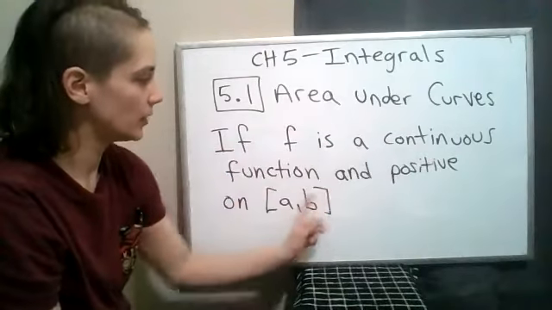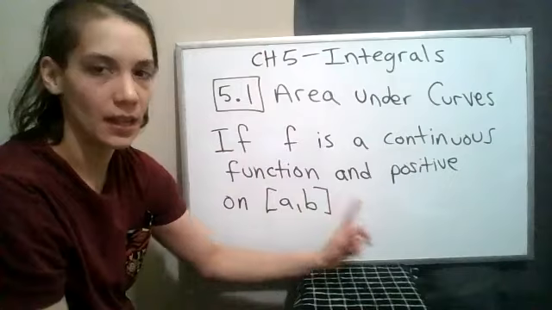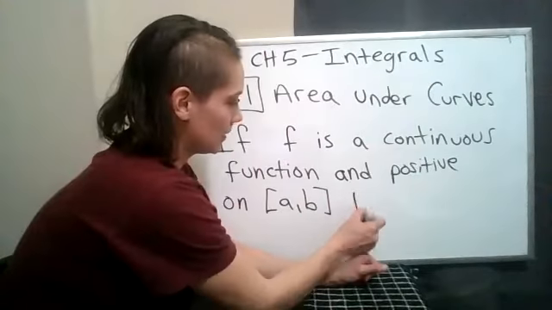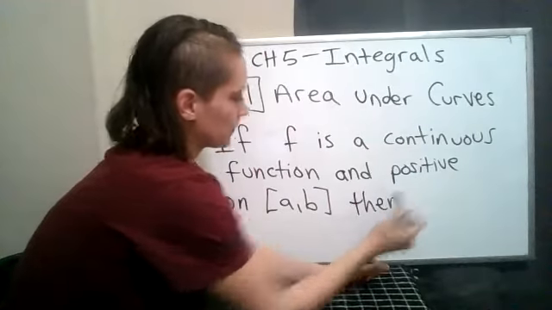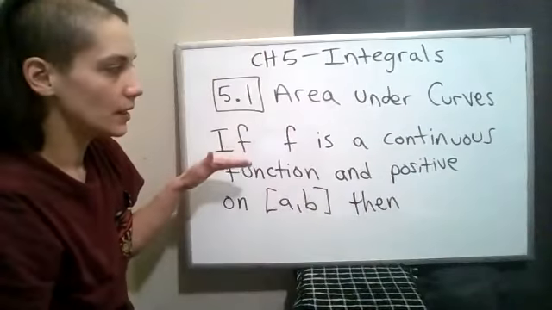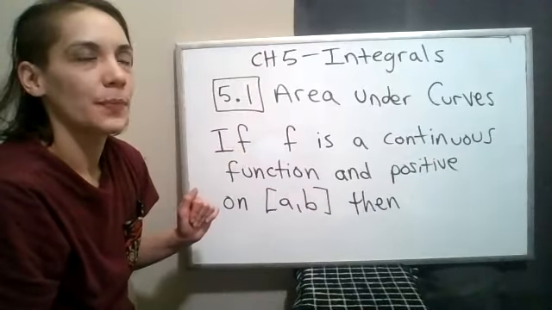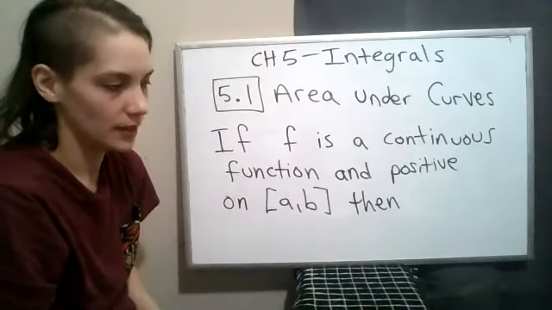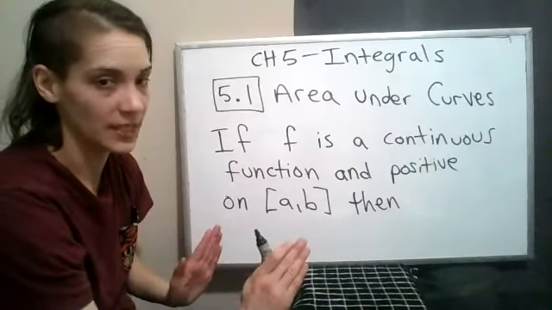If f is a continuous function and positive on AB, then we're going to fully explain what's happening.